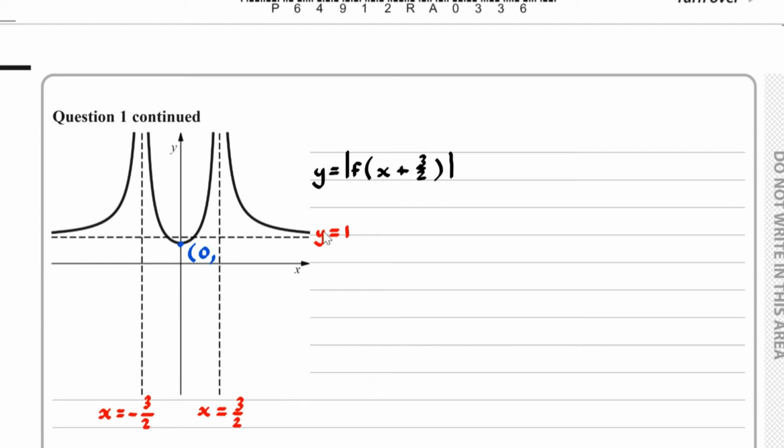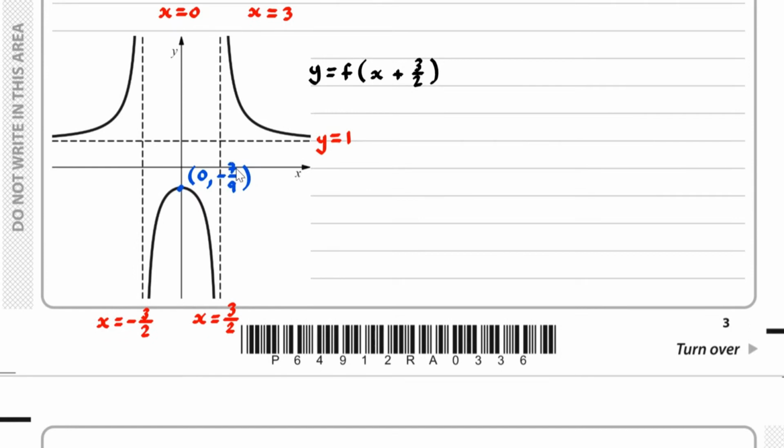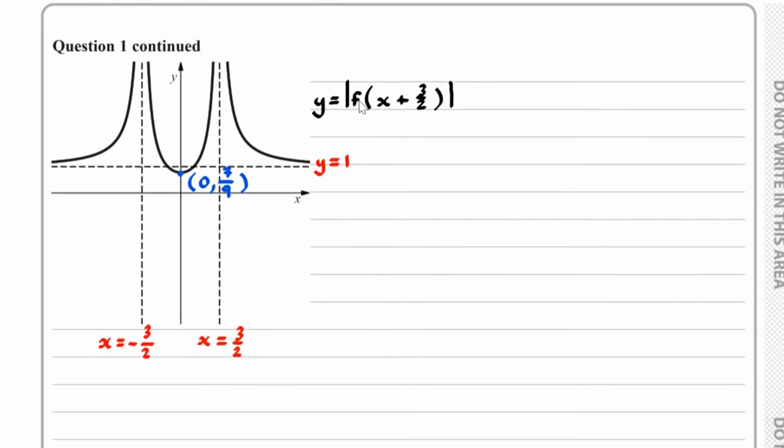The x coordinate is 0, but for the y coordinate we would have positive 7 over 9. So here is the graph of y equals the mod of f of x plus 3 over 2.